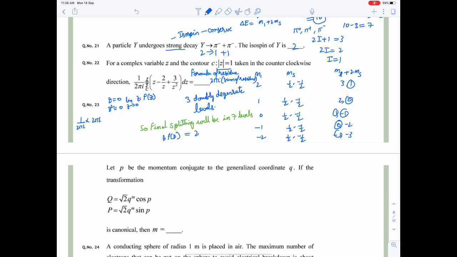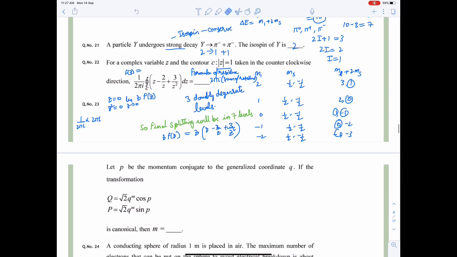Now z is this and f(z) is this. Putting 1 upon 2 pi aside, simply f(z), then we get z minus 2 upon z plus 3 upon z square.